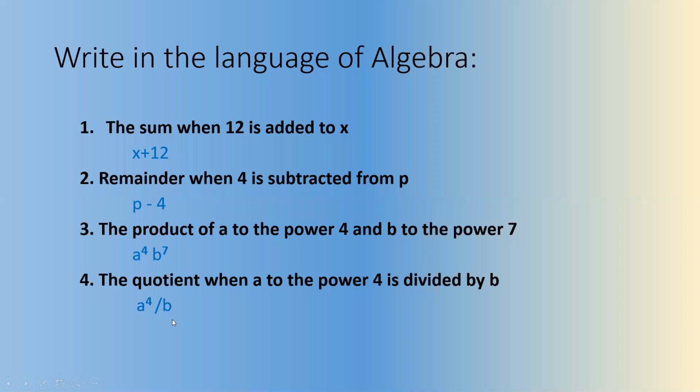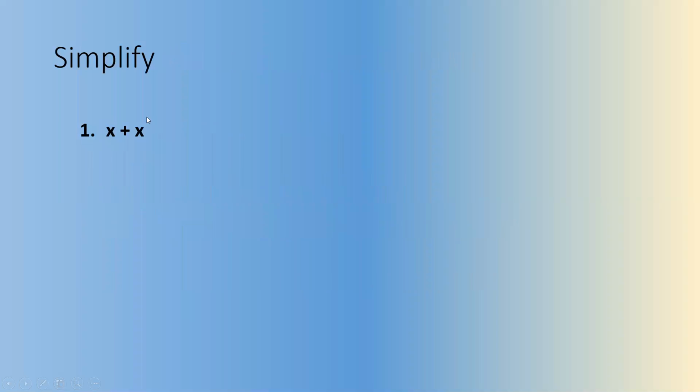Right? Now here we have to simplify. X plus x. Can we add these two terms? Yes, students. Can we add these two terms? Exactly. Yes, we can add, because in addition, please remember this point, that in addition and subtraction, variables and powers must be same.